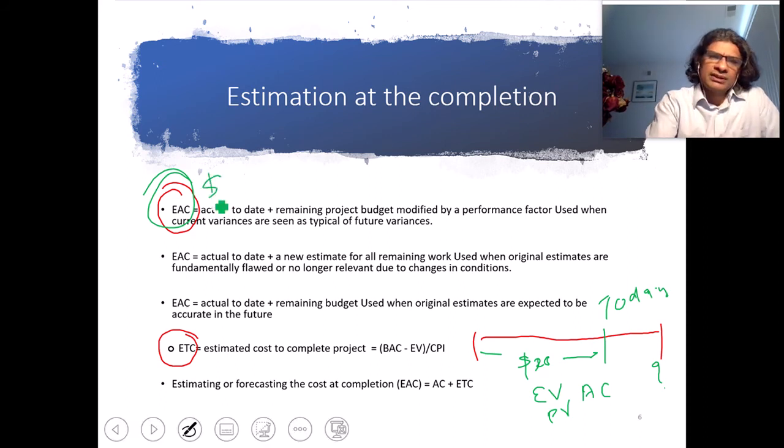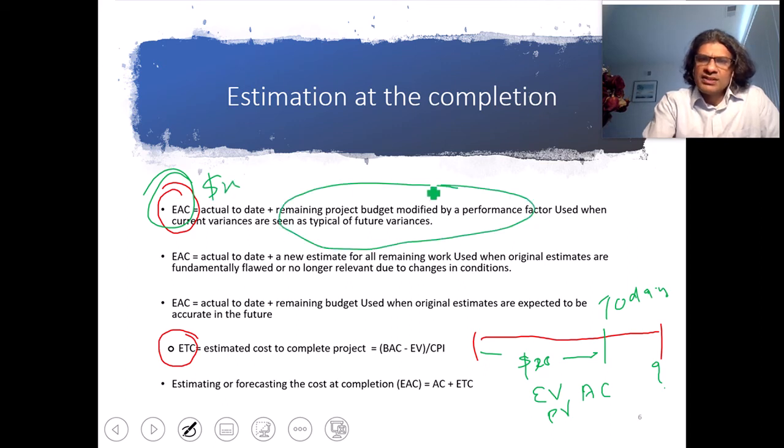What is unknown for us is the remaining part. So let's say I am performing really great so far up to today's date. I can anticipate the same level of good performance or bad performance, and you can extrapolate that number. That will give a $Y, and when you add them together, that is the total cost at the completion of the project.